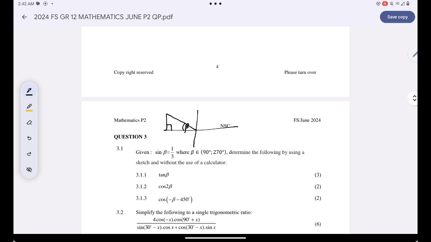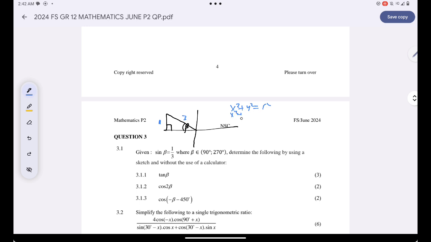And then we know that by definition sine is y over r, or opposite over hypotenuse. Simply means that this is 1 and this will be 3. For us to find x, I'm just going to use the Pythagoras theorem. x squared plus y squared is equal to r squared.